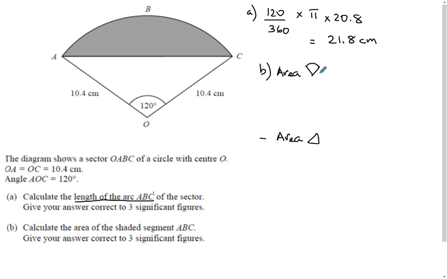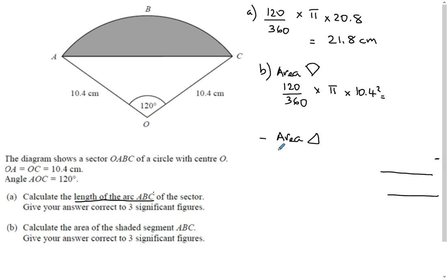So the area of the sector: what fraction of the circle is it? 120 divided by 360 times pi times 10.4 squared. Again, I don't go on my calculator yet. I just put everything down here. And then when you go on your calculator, you'll find that you don't have to think anymore. It'll just all fall out.